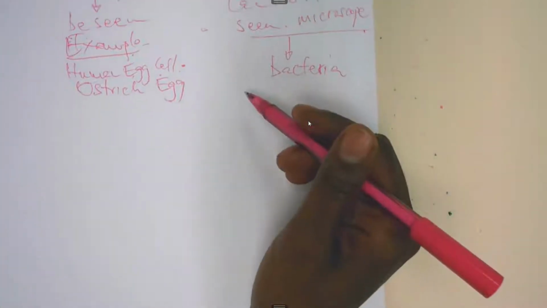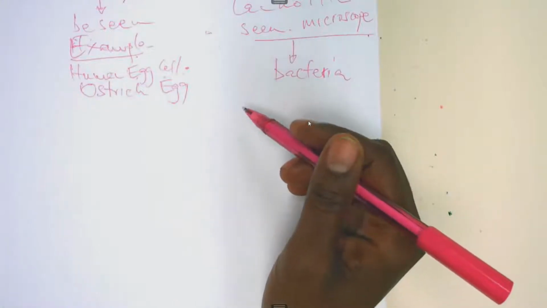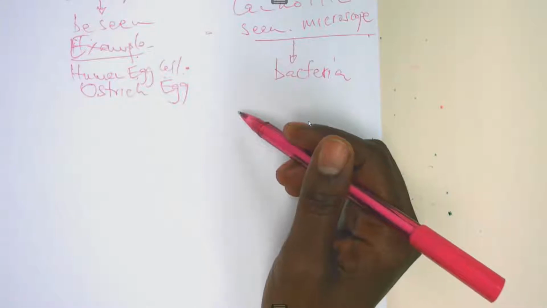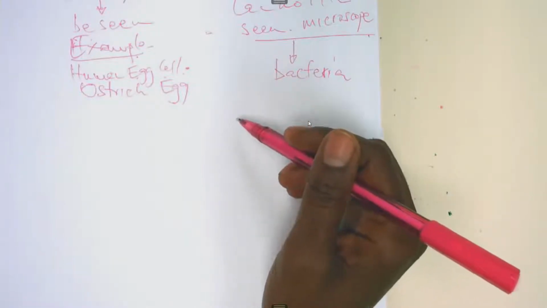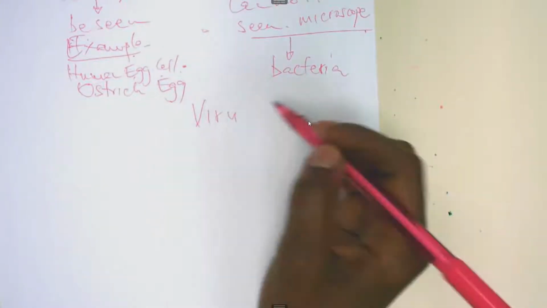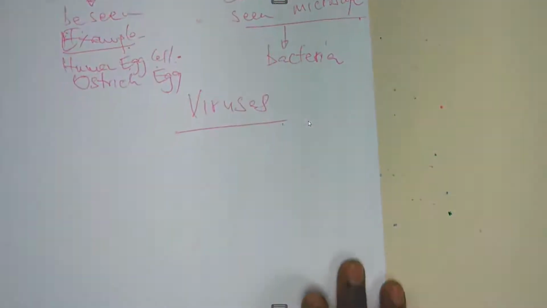And then again, there is another microorganism that is found in a 6th group, but it cannot be placed in any of the 5 kingdoms that we have mentioned. That microorganism is the virus.